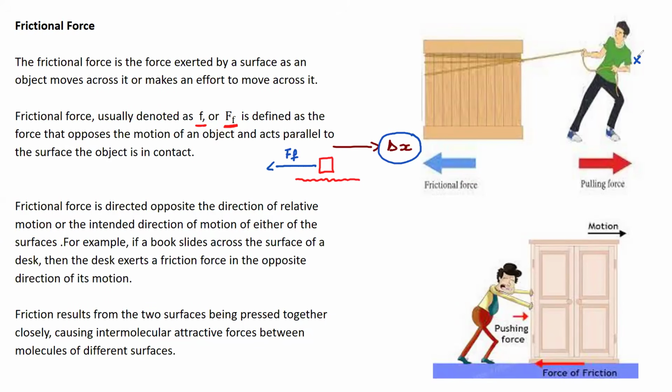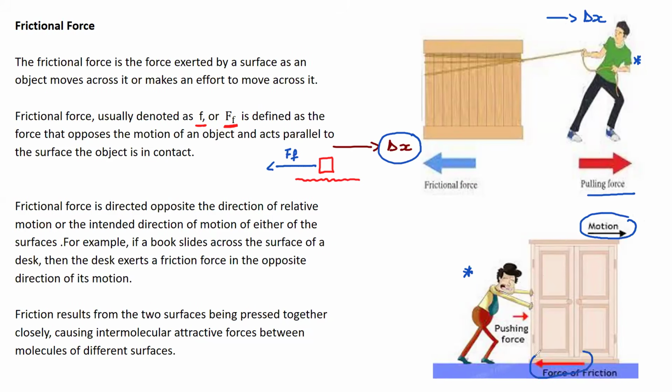Here is Ukolani pulling an object. The frictional force is acting opposite to the direction of motion of that object. The object is being pulled to the right. The frictional force is acting to the left. Here is Ukolani's friend pushing this particular object, and it's moving to the right.